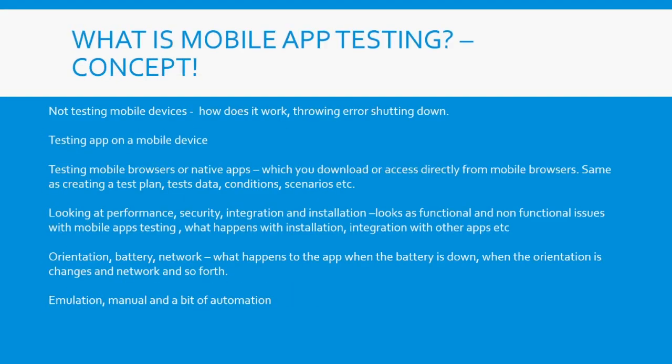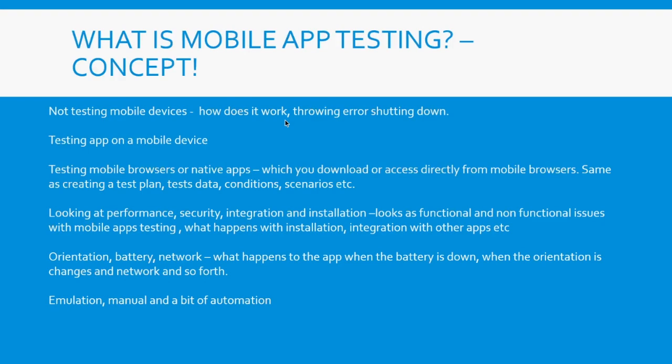Mobile app testing also looks at performance, how your application is performing. It looks at security. Is your application secure enough against hackers or other people breaking into it and destroying your data or the application as a whole? Mobile app testing also looks at integration.